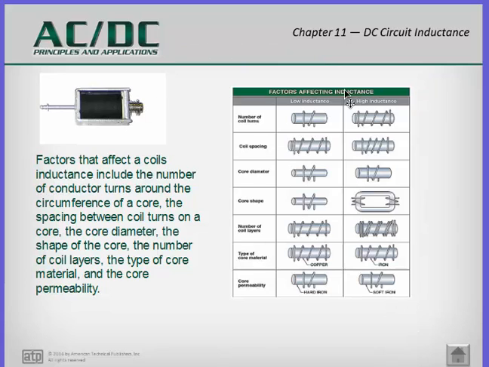On this chart that's in your book, you see many of the factors that will affect the coil: how many windings you have around the coil, how they're spaced, the diameter of the core itself, the shape of the core, the number of layers of the core, the type of material it's made out of, and its permeability.